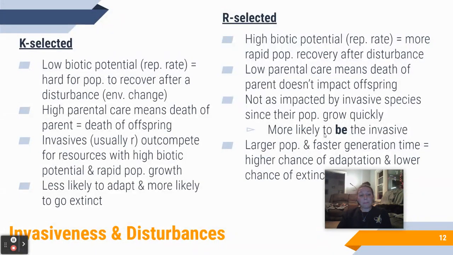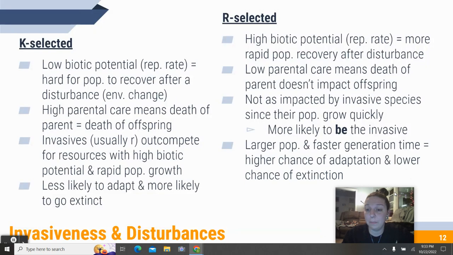So, what happens with this when we look at invasiveness and disturbances? This is an important thing to consider because it's going to affect those organisms' ability to either survive invasive species or be invasive species, and to be able to either survive or not survive disturbances.